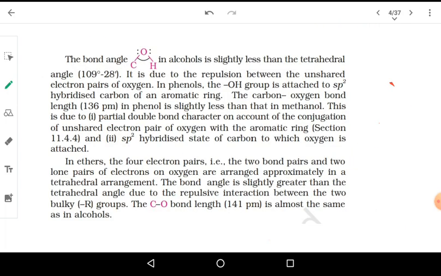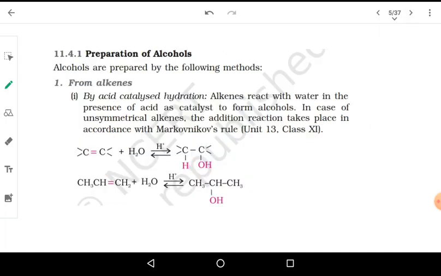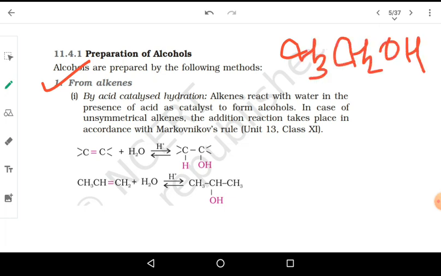Now, let us talk about the preparation of alcohols. We can prepare alcohols from a variety of compounds. The first compound is alkene. So, how do we prepare alcohols from alkene? We have a compound like CH3 CH2 OH. I'm going to write it as CH2 and an H here.